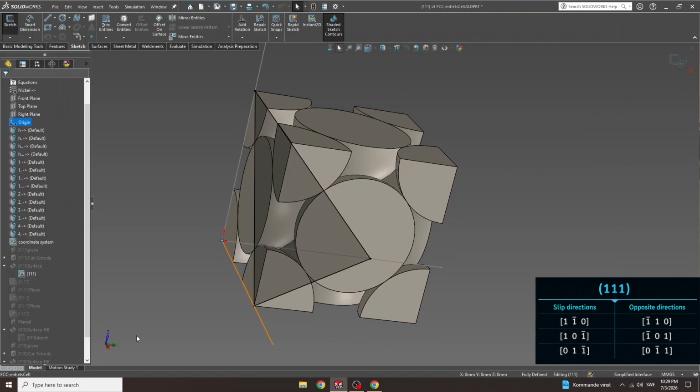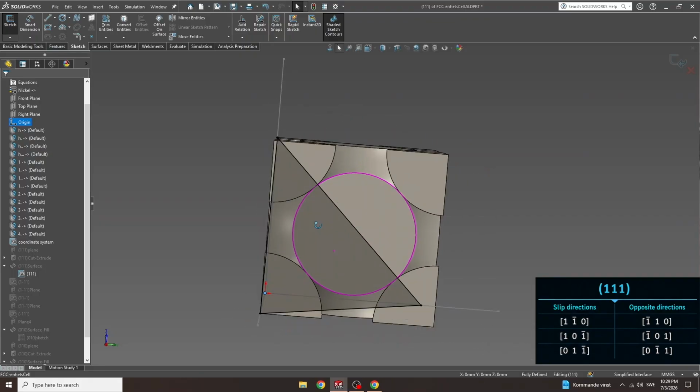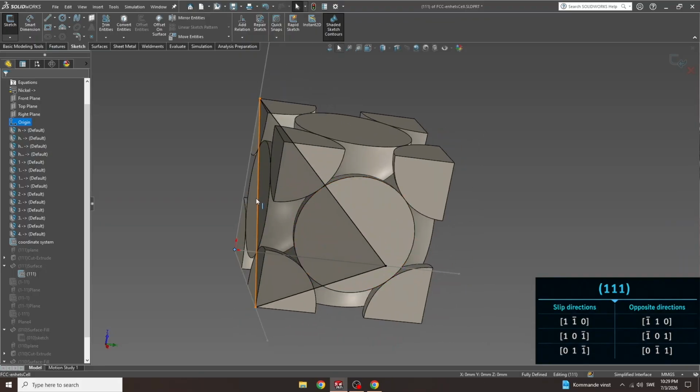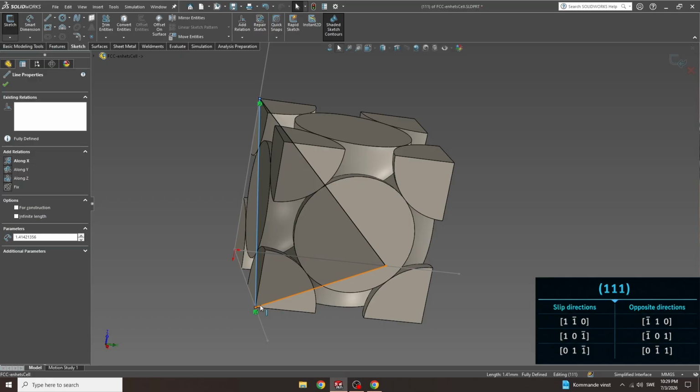It intersects x at 1, y at 1, z at 1. So this is the 111 plane, and one direction goes minus x, 0, y and 1. So minus 1, 0, 1.